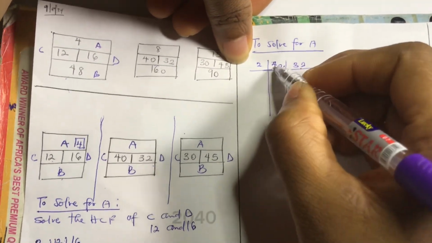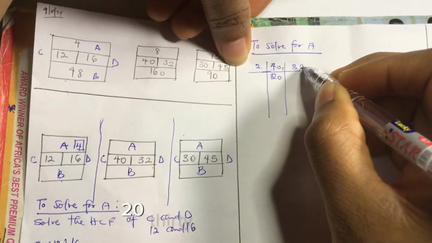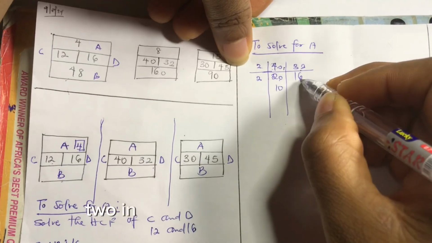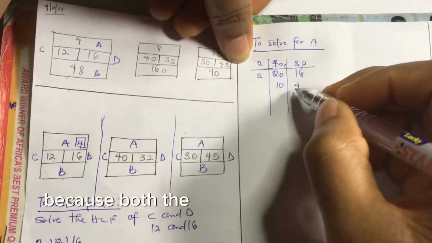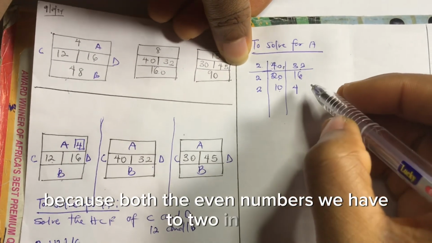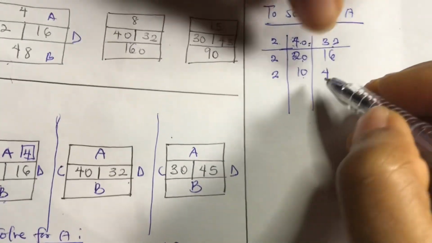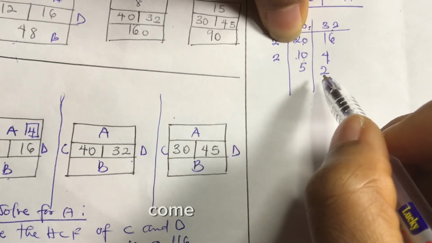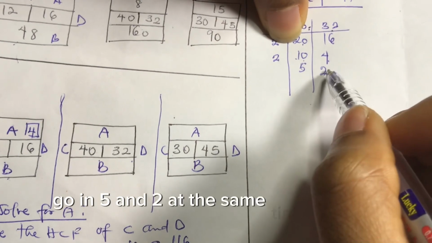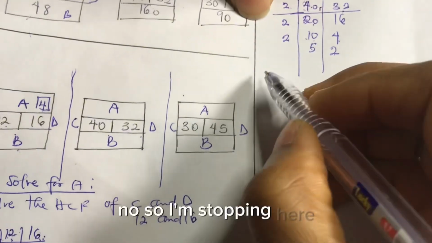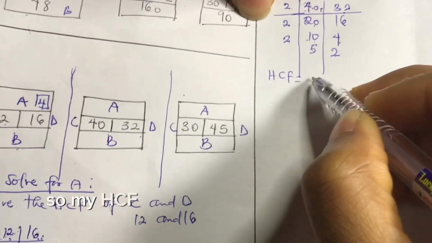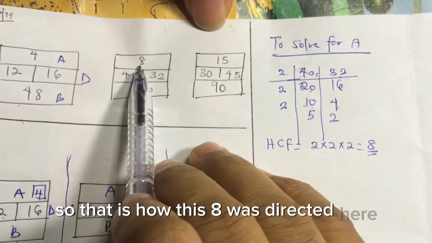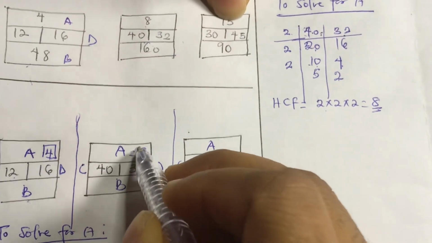That is 2. 2 in 40 is 20, 2 in 32 is 16. 2 can still go. 2 in 20 is 10, 2 in 16 is 8. 2 can still go because both are even numbers. 2 in 10 is 5, 2 in 8 is 4. Can a number go in 5 and 4 at the same time? No, so I'm stopping here. So my HCF is going to be 2 times 2 times 2, which is 8. So that is how this 8 was derived. My A here is 8.